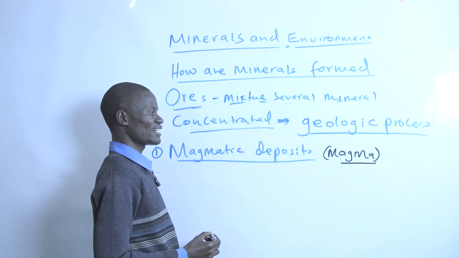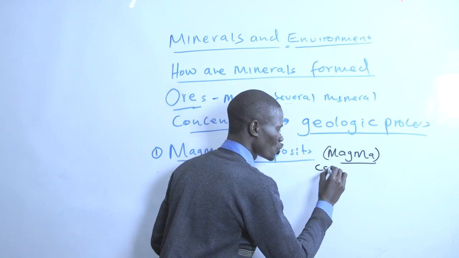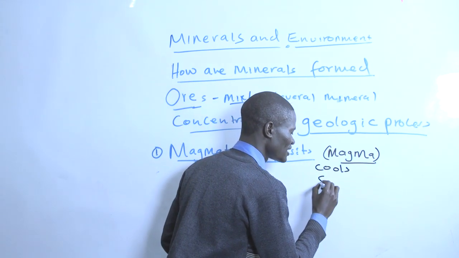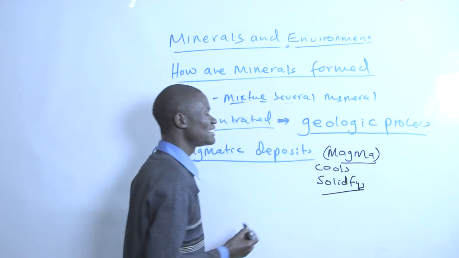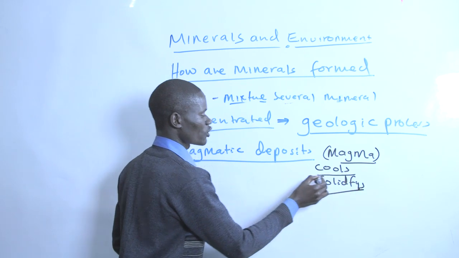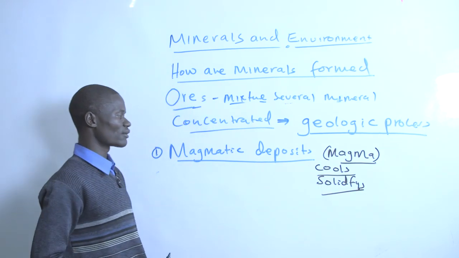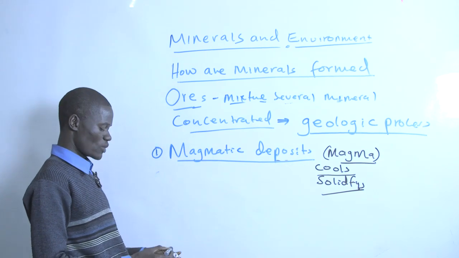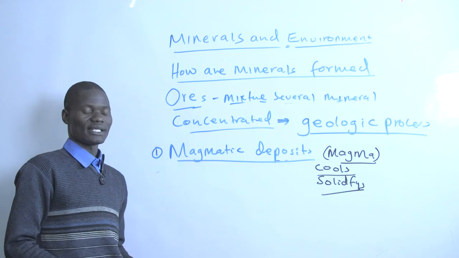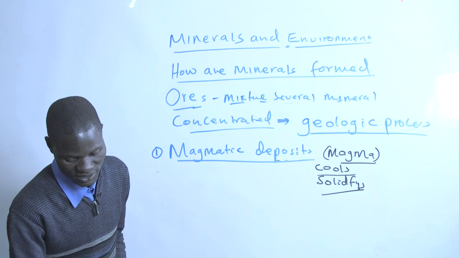That is during volcanic eruption. And as it cools and solidifies, it may lead to some rocks or some minerals placed or deposited in a magmatic way on the Earth's surface or into the Earth's surface.